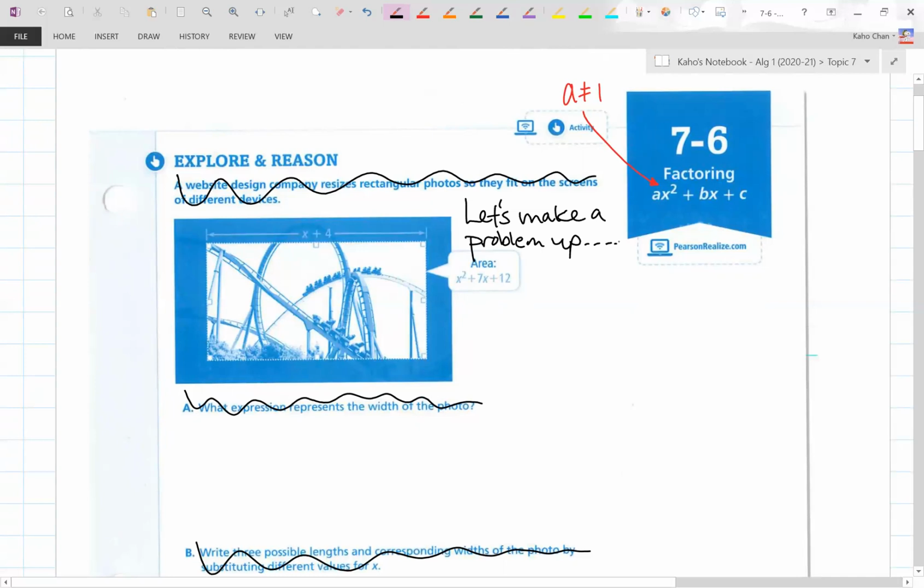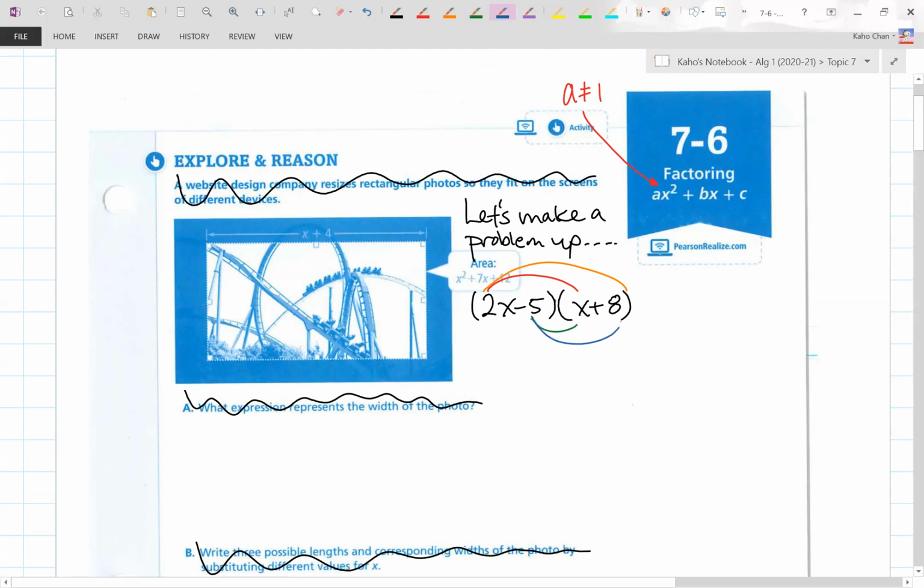Okay, from 7-2, multiply a couple of binomials. Let's make something up here. How about 2x minus 5 times x plus 8? This was multiplying binomials. So as you know, we FOIL, in this case, first terms, outer terms, inner terms, and last terms.